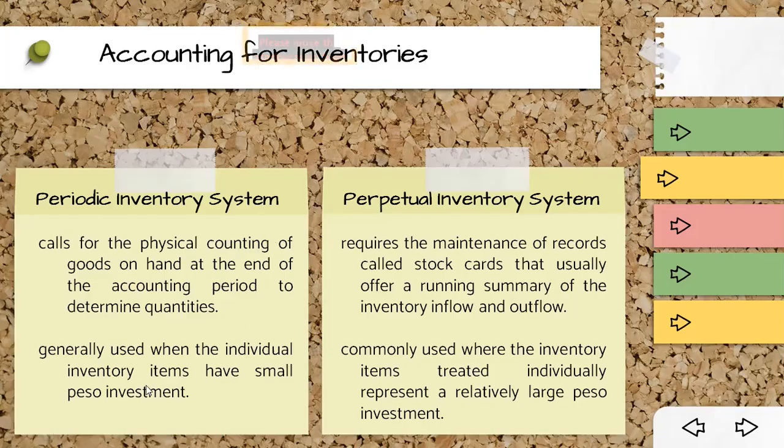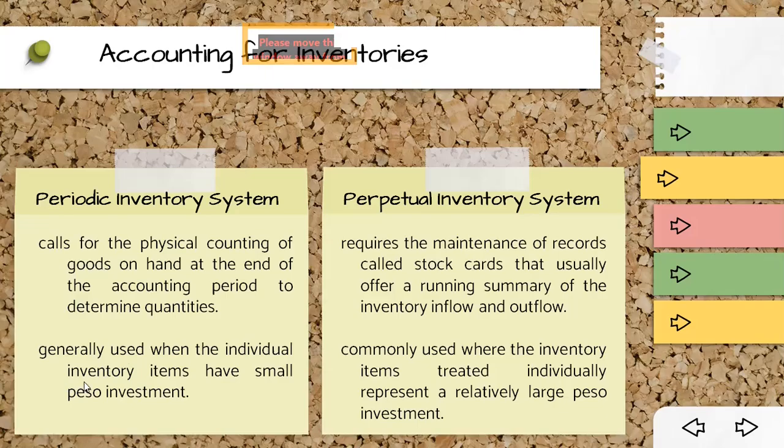So generally, this is used when the individual inventory items have small peso investment. Parang pag marami yung items tapos small lang ang peso value, then periodic inventory system will be applicable for that particular entity.